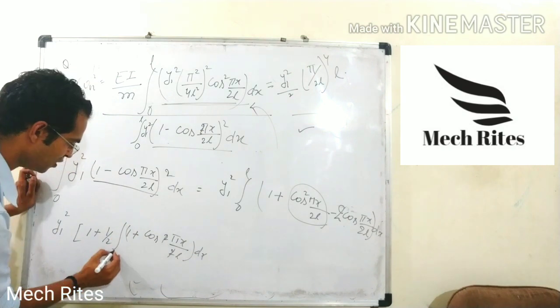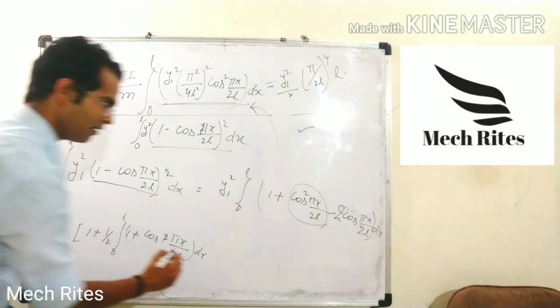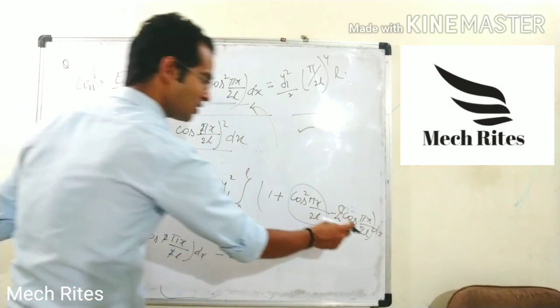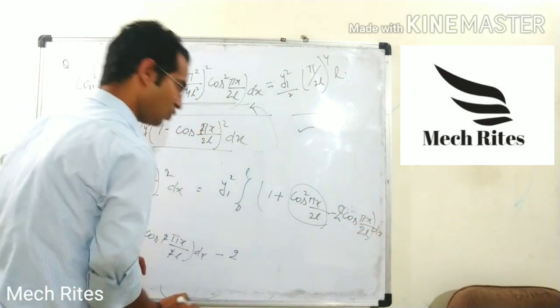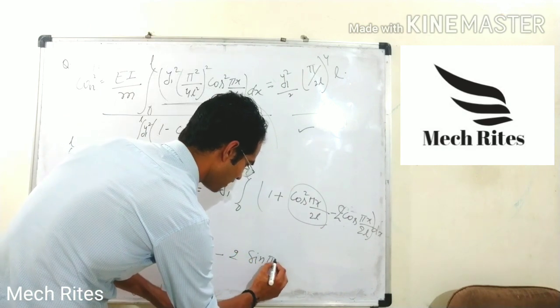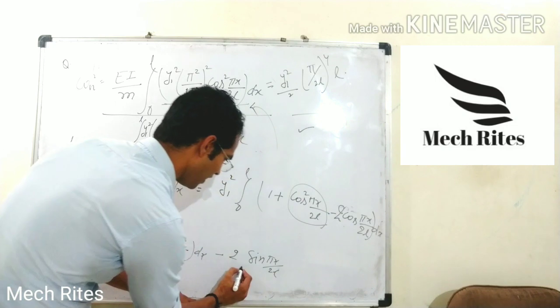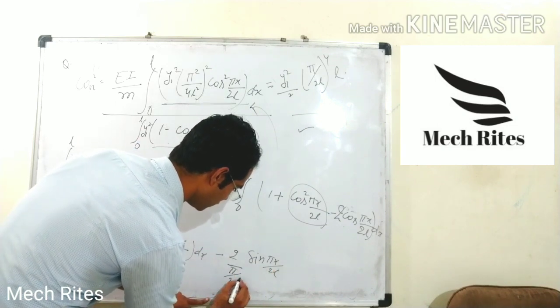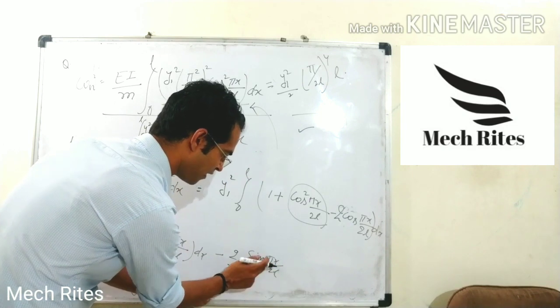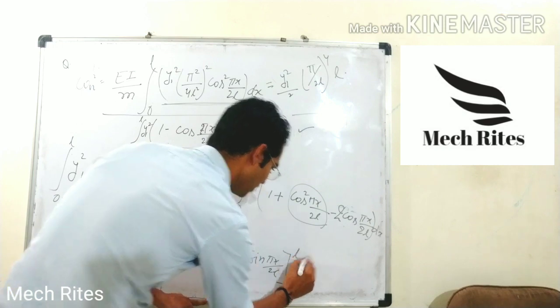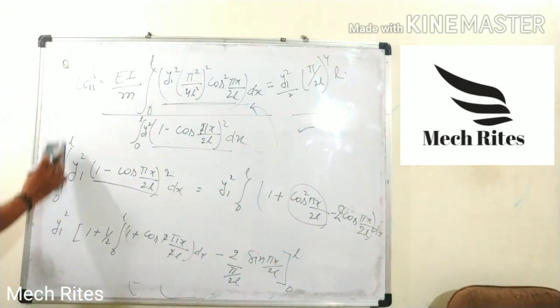Here the limit will be 0 to L, minus 2 cos pi x by 2L. So its value will be sin pi x by 2L divided by pi by 2L, since x is multiplied with pi by 2L. Limit will be 0 to L for all.